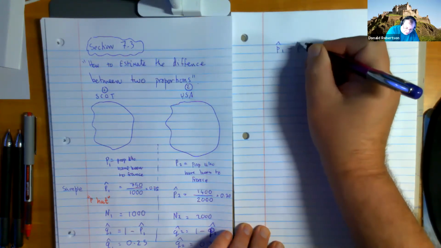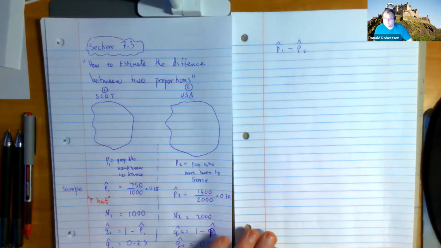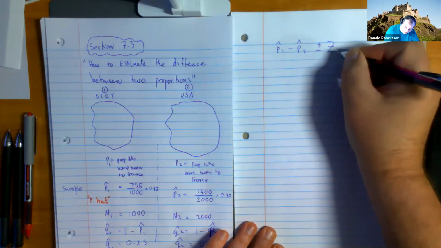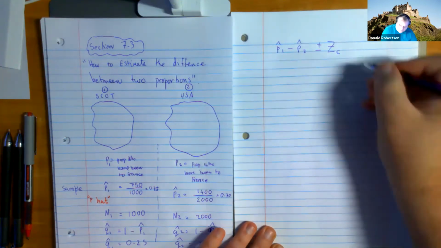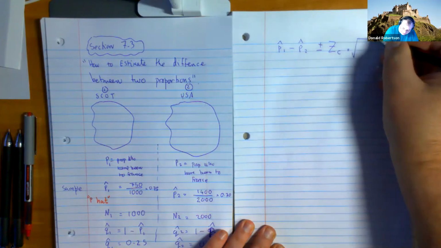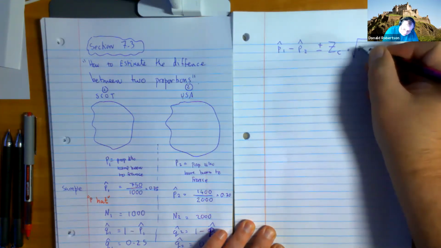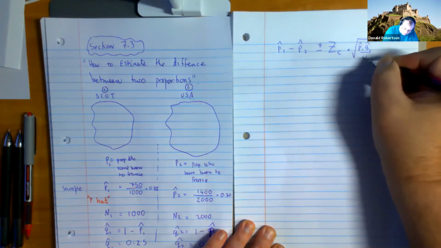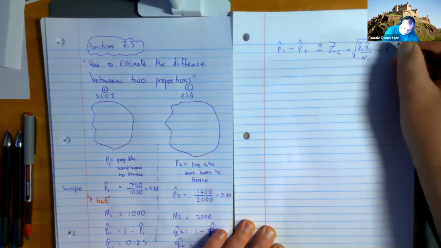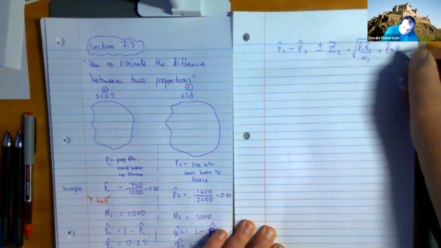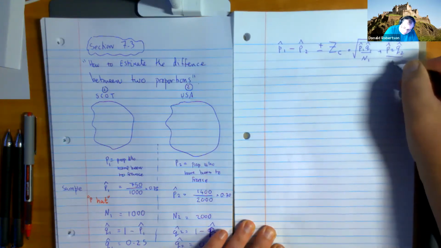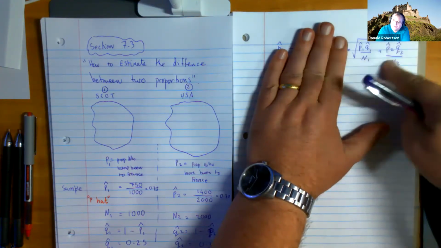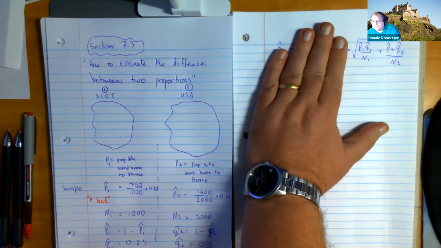P1 hat take away P2 hat, plus or minus a magic z-score times a really big ugly calculation: P1 hat Q1 hat over N1, plus P2 hat Q2 hat over N2, all under a square root. This big ugly square root is basically the standard error of the sampling distribution.